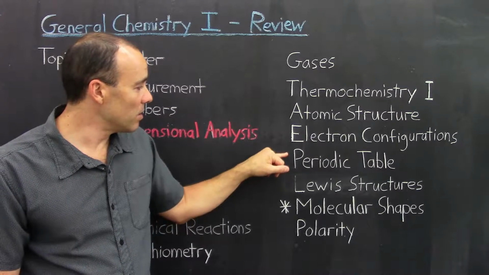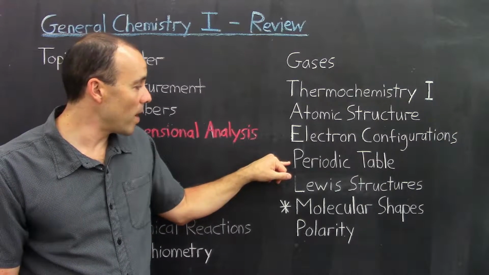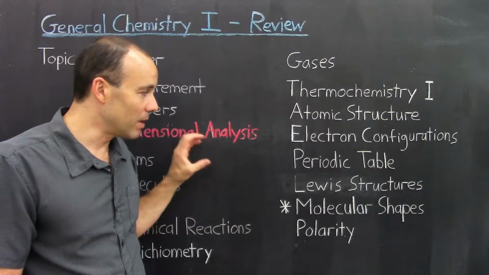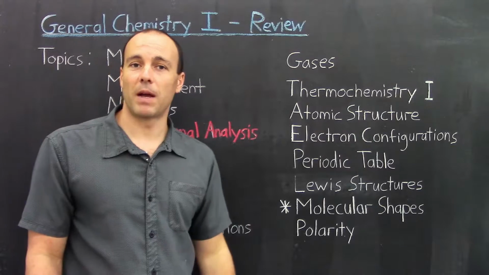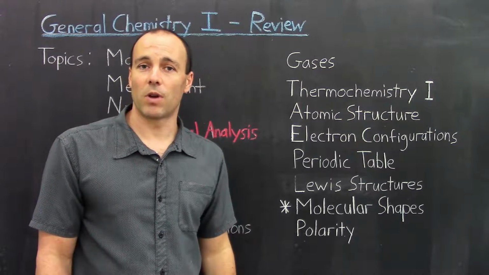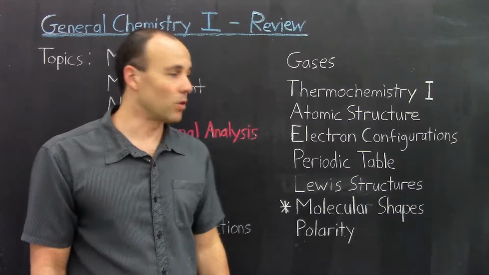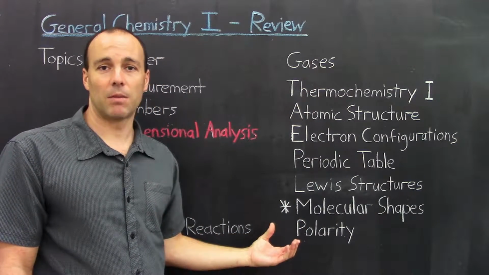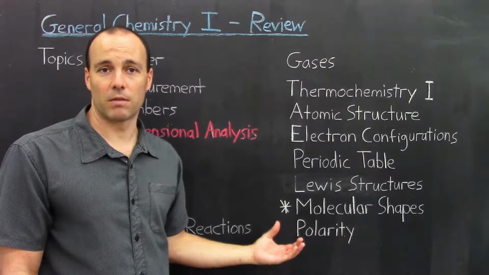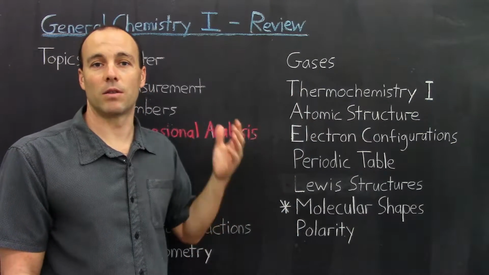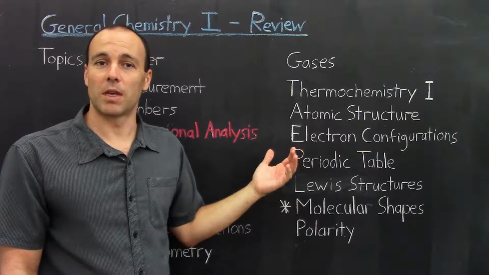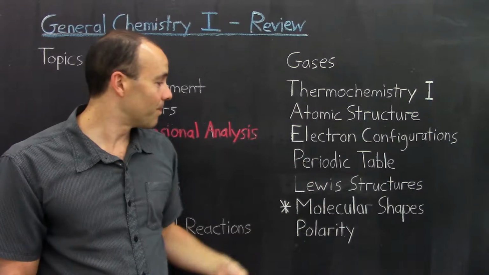Electron configurations is the way the periodic table is laid out. Atoms are laid out on the periodic table based upon what their electron configurations are. So atoms that are in the same column contain the same number of valence electrons, outermost electrons, and those outermost electrons are the most important ones when it comes to chemical reactions.